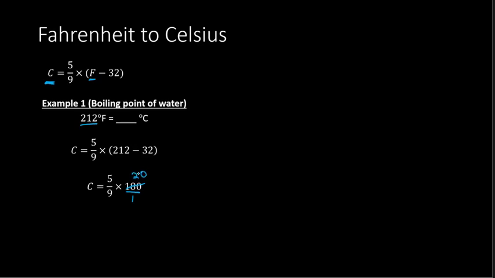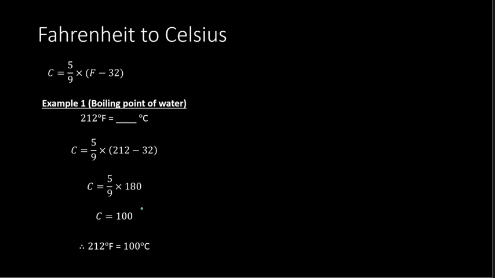And then divide 9 by 9, that gives you 1. So then we can multiply 5 times 20 on the top to get 100. 1 times 1 on the bottom is just 1. So 100 over 1 would be 100. So your answer is that C equals 100, meaning that 212 degrees would equal 100 degrees Celsius.